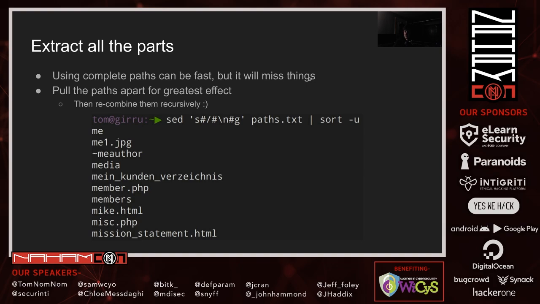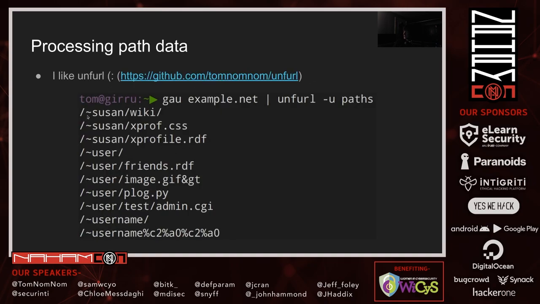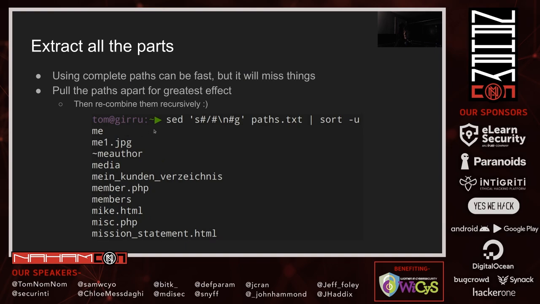And maybe a better idea would be to split them apart. So you can see we have here ~susan/wiki, and that might not exist, but some other directory /wiki might exist. So actually we want to pull them apart. And I'm doing that here with sed. So sed is the stream editor, or text stream editor.